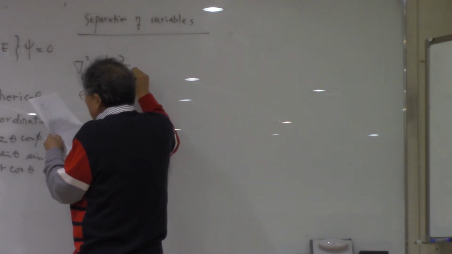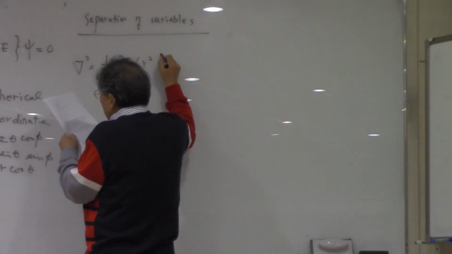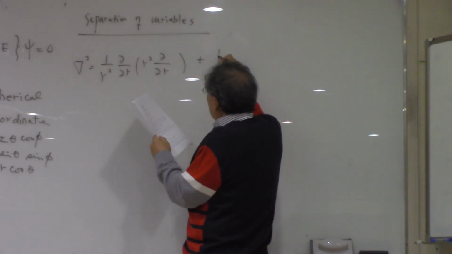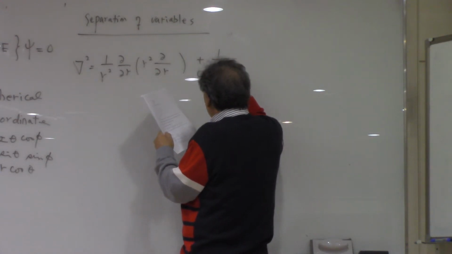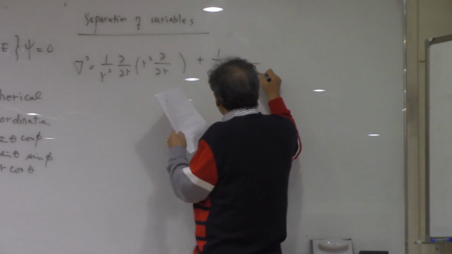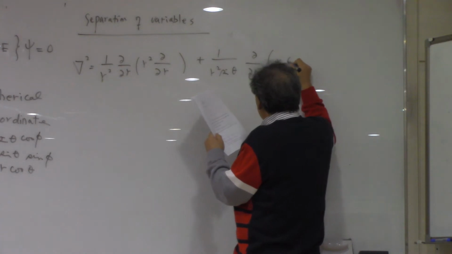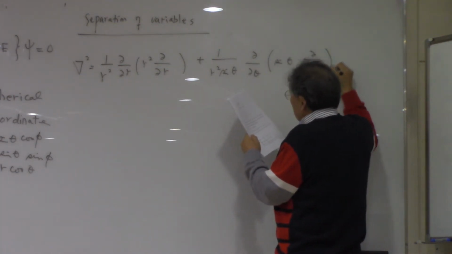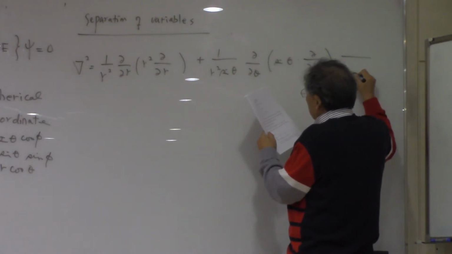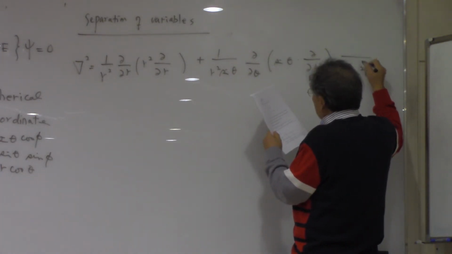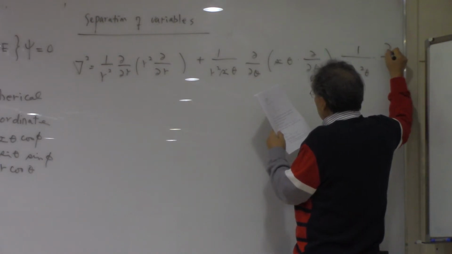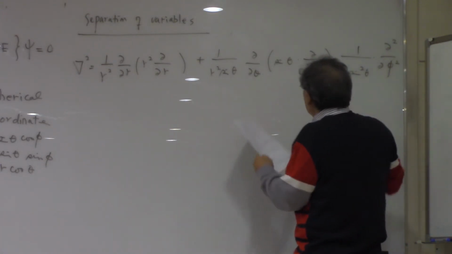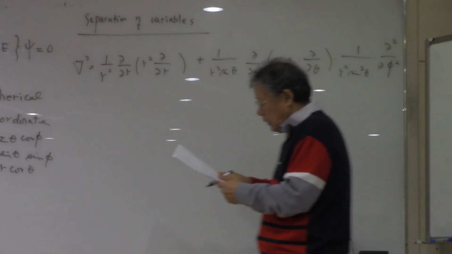It's going to be 1 over r square, round r, r square round r, plus 1 over r square sine theta round theta, sine theta round theta, plus 1 over r square sine square theta round phi square. It's just mathematics. That is the spherical coordinate.